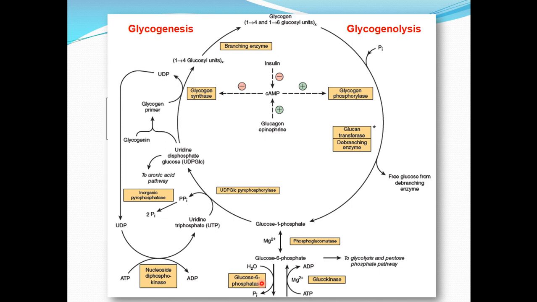This enzyme is not present in muscles. That's why in muscles glucose 6-phosphate is the end product, and glucose is not formed in muscle. But as it is present in the liver, glucose 6-phosphate will be converted into glucose, and so it contributes to the blood glucose level.